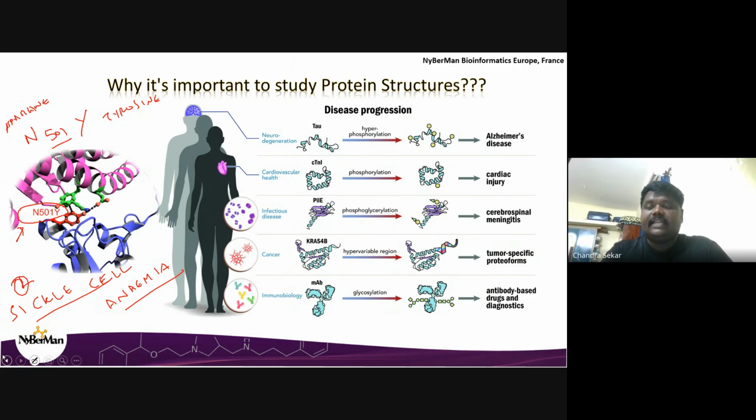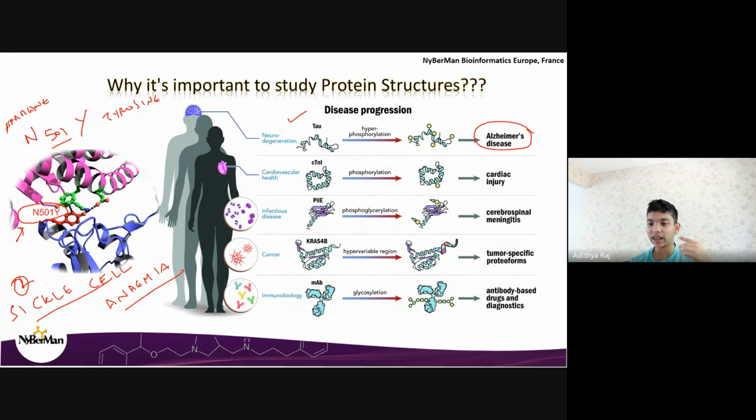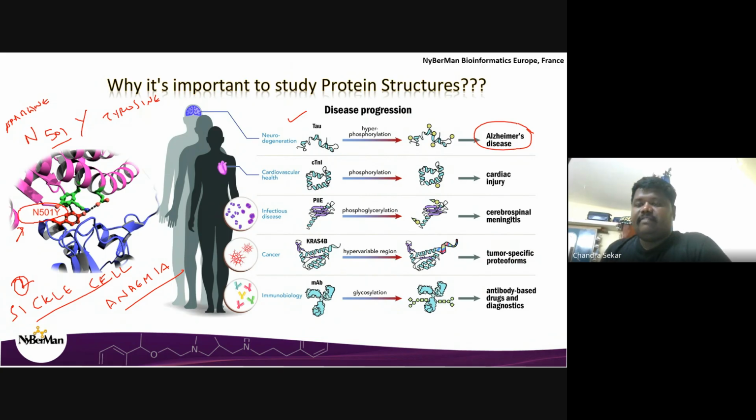Look at other interesting examples. Again, one small defect in the protein will lead to a disease called Alzheimer's disease. This disease is so famous in the US. Have you heard of this disease? Old people will forget what is happening. They will have memory issues.